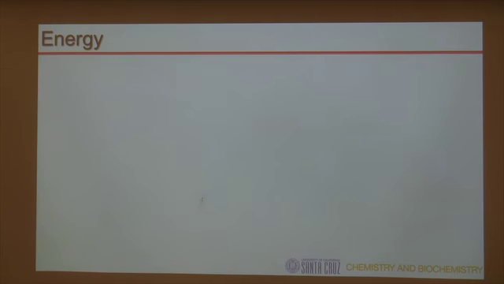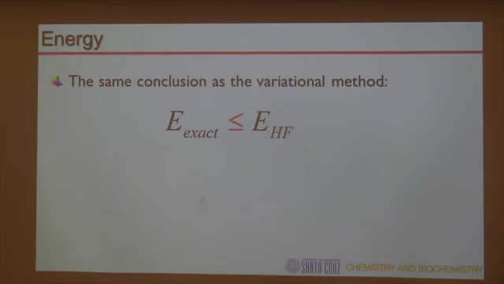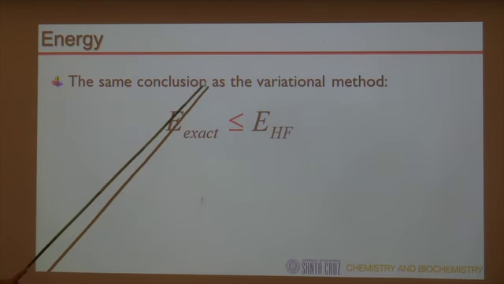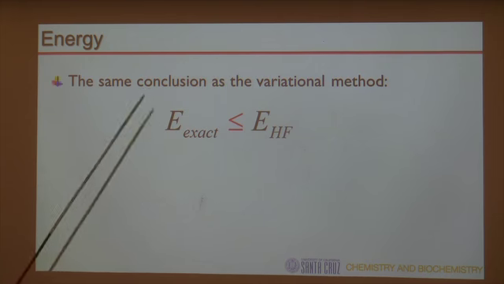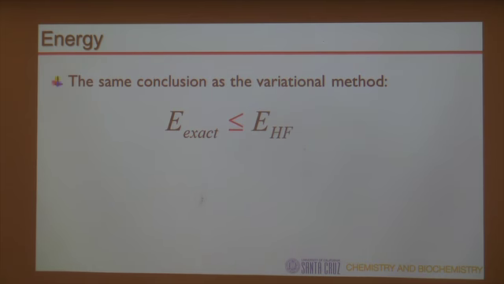Okay, if not, second one, energy. For the energy, I don't have many things to talk about. Because the Hartree-Fock method is also a variational method, the same conclusions are obtained as in the original method, that is, the exact energy should always be less than or equal to the energy obtained by the Hartree-Fock method.